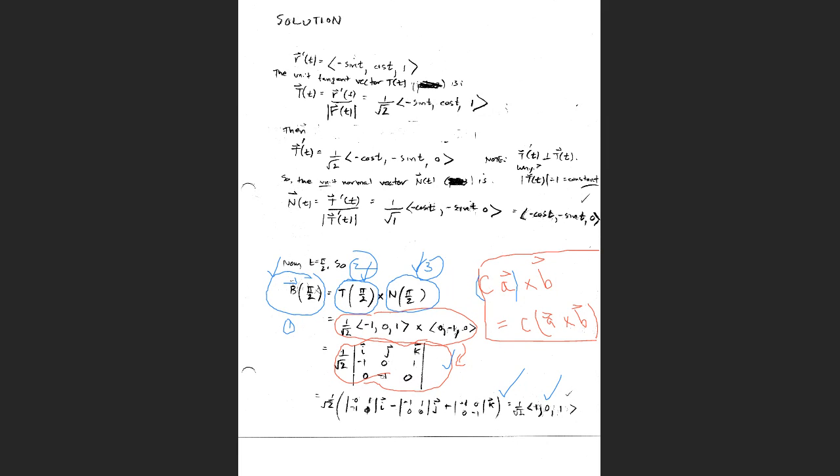So the binormal vector is the square root of 1 over 2 times the vector 1, 0, 1. Do I need this square root of 1 over 2 in front here? Or for my perpendicular vector, can I just use the vector 1, 0, 1?